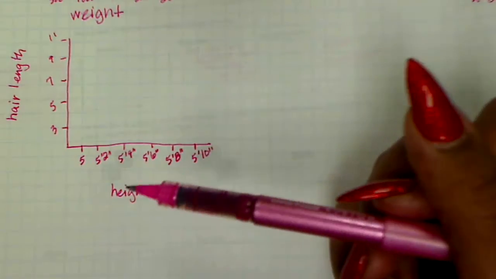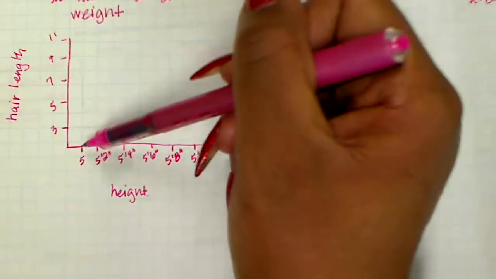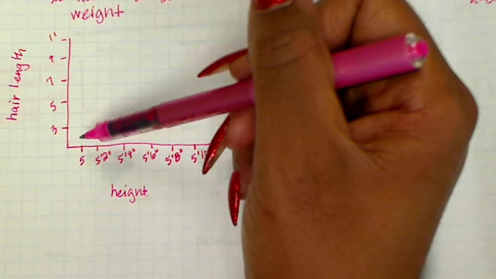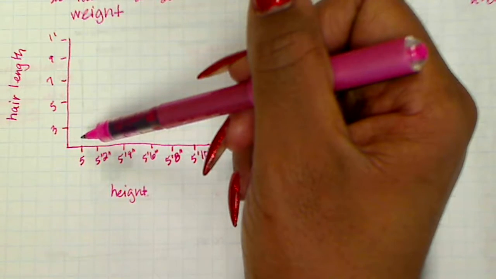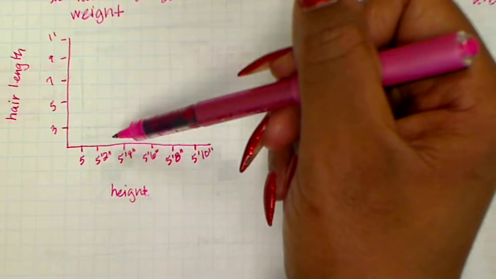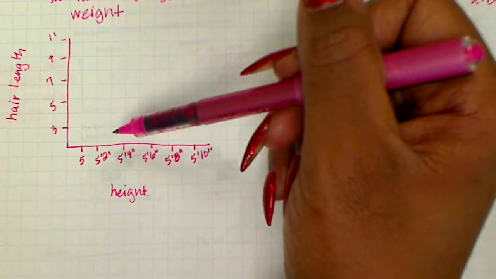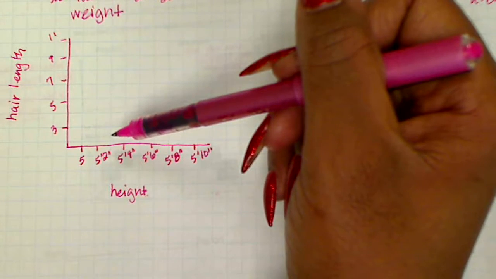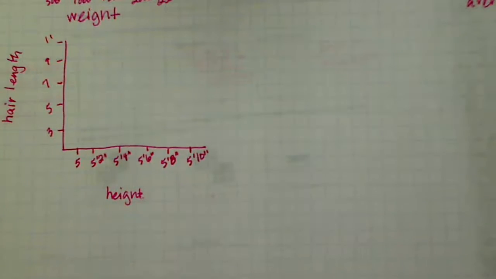All right. So, let's say I'm 5 foot tall. Typically, how long is my hair? Medium. What about if I'm 5'2"? Typically, how long is my hair? It increases. Is an adult person's height related to the length of their hair?